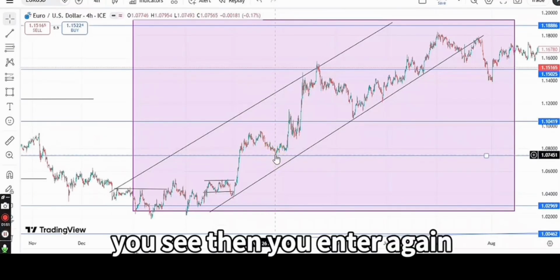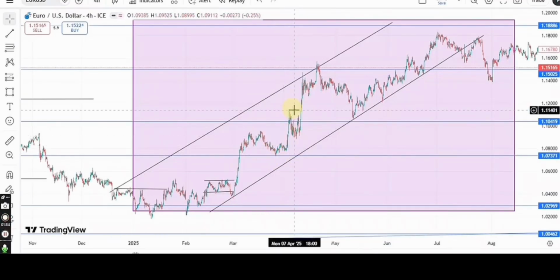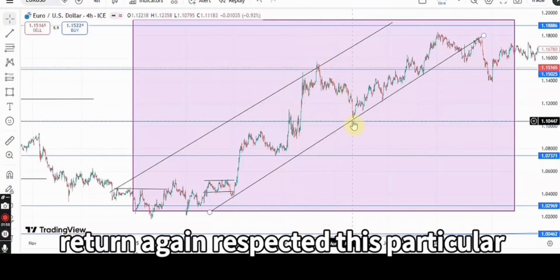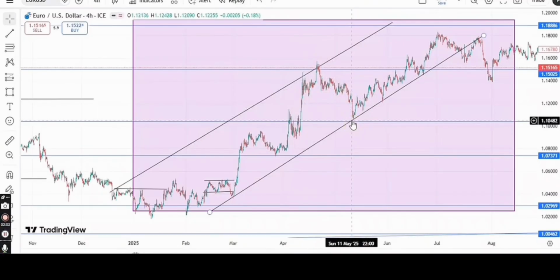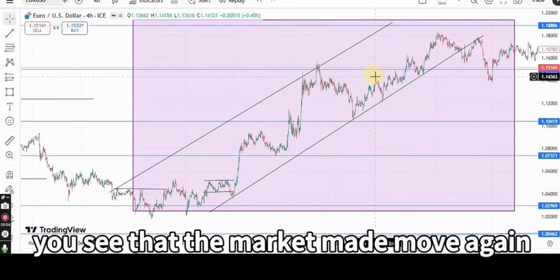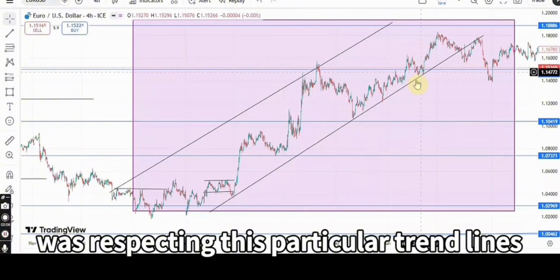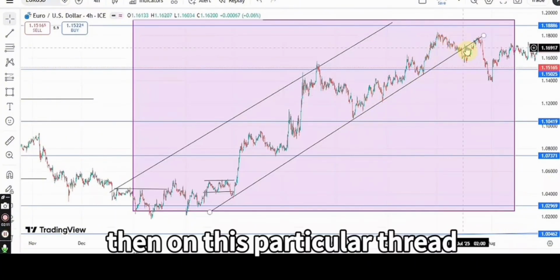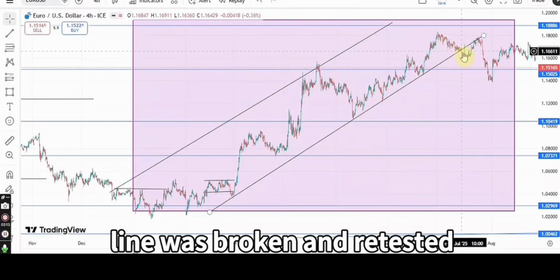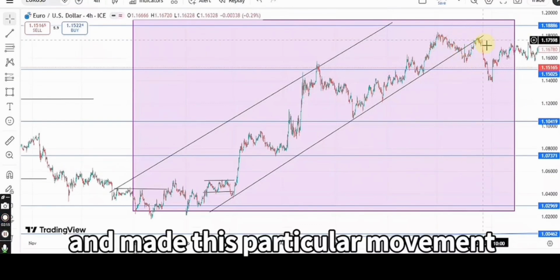Then you enter again, it made this movement, returned again, and respected this particular zone again, the third zone. Then the market made a move again, respecting these particular trend lines, until this particular trend line was broken and retested and made this particular movement.